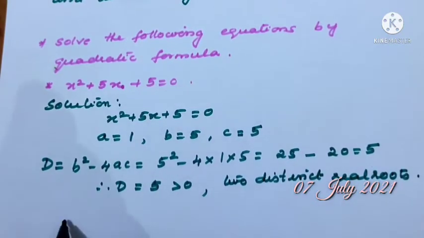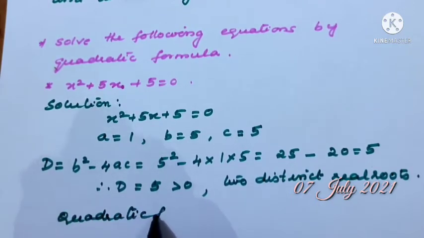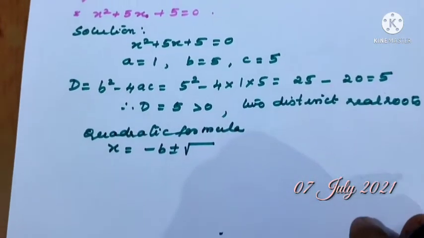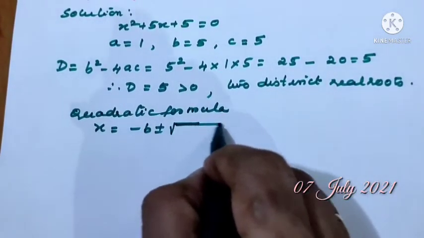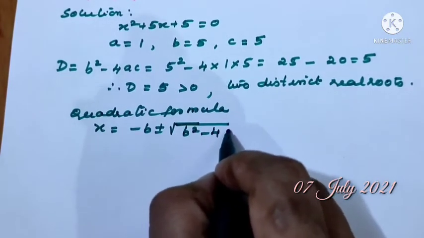Okay. Now what is the formula? By quadratic formula, what is the quadratic formula? We will write the formula first, x equal to minus b plus or minus root of b square minus 4ac by 2a.